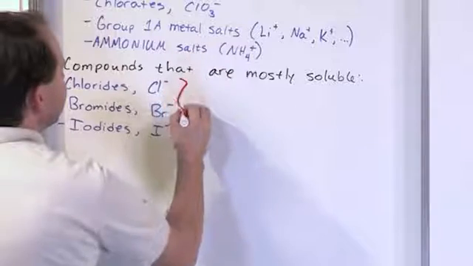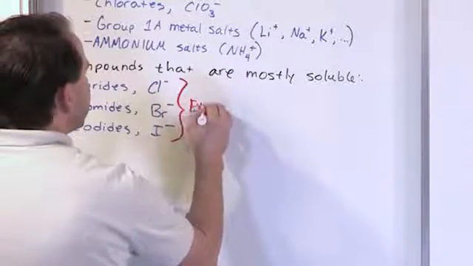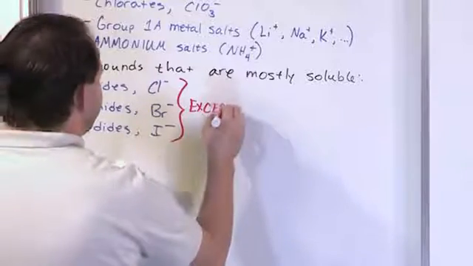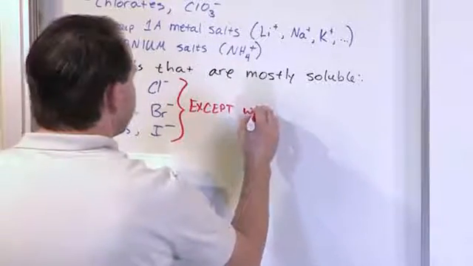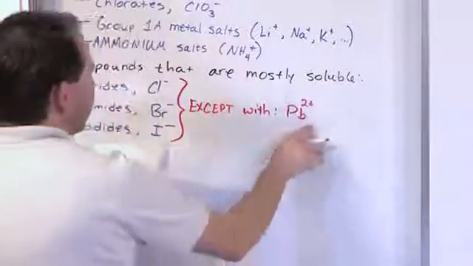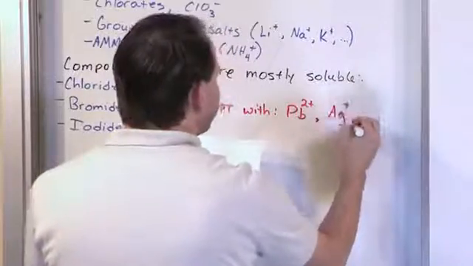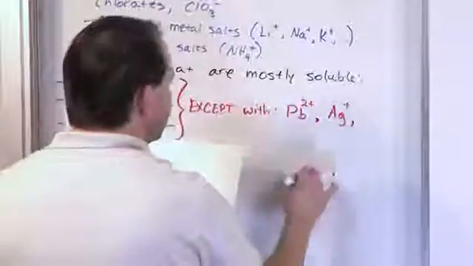But there are some exceptions, so I'm going to draw a curly brace here, and I'm going to say except with lead, which likes to have a 2+ ion, silver, which likes to have a +1, and mercury.